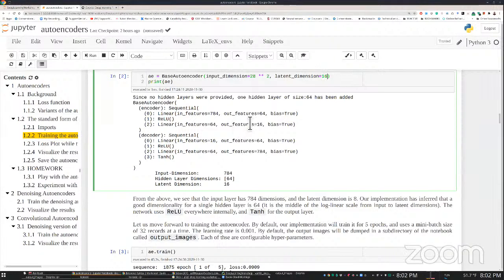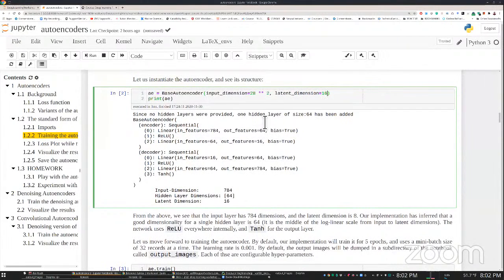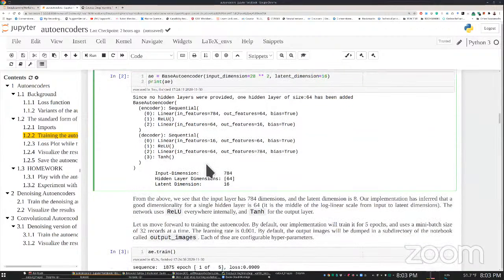So helpfully, it has added one more hidden layer of 64 dimensions. So it is 784 to 64, 64 to 16. How did I come upon 64? It's very easy. You take the log base 2 of these two numbers and find the middle point. You'll see it in code in a moment.